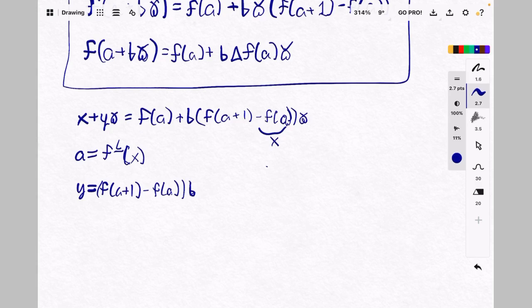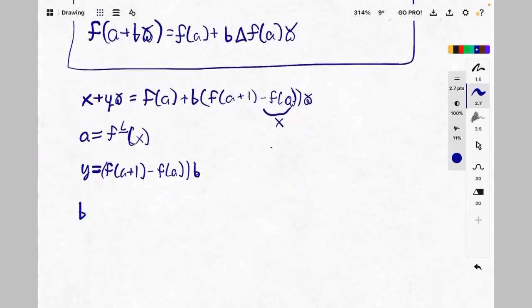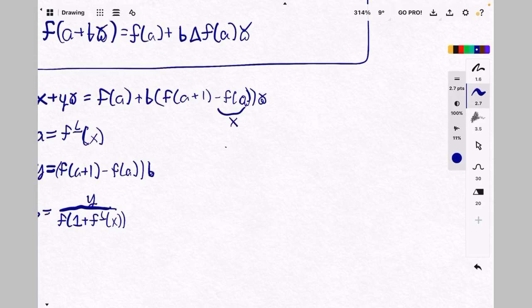So we just want to divide. So that means b equals y over, then f of a is f inverse of x, and I'm going to move the 1 over, so 1 plus f inverse x, minus, then f of a is just x again. So, boom.